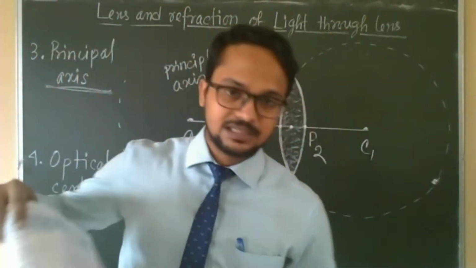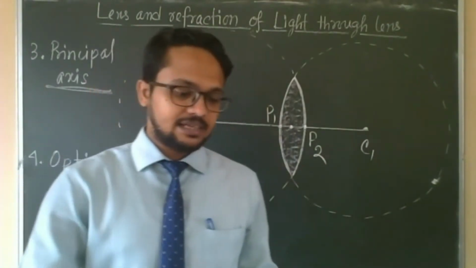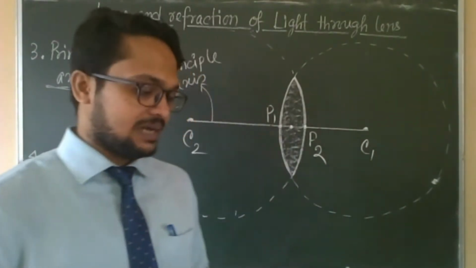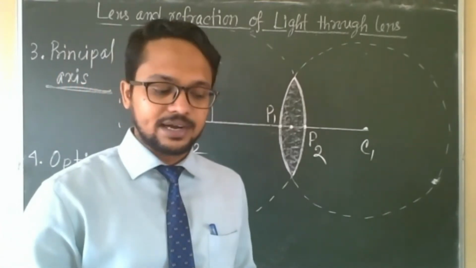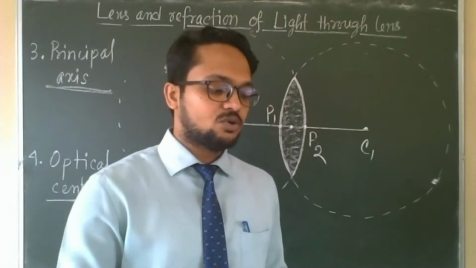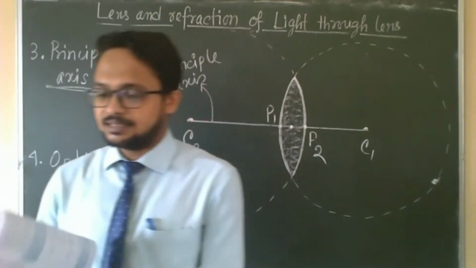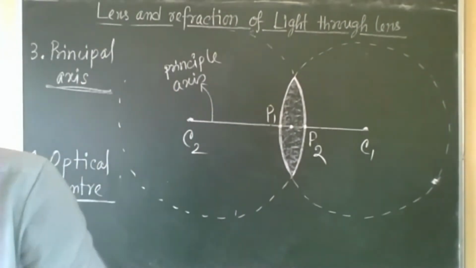I am reading the definition, just mark it in your book. It is a point on the principal axis of a lens such that a ray of light passing through this point emerges parallel to its direction of incidence. I am explaining in the diagram.